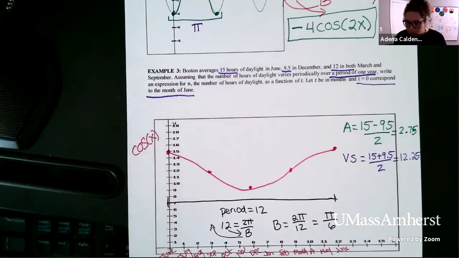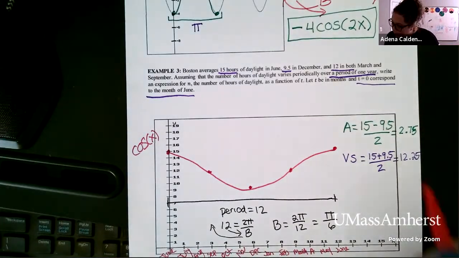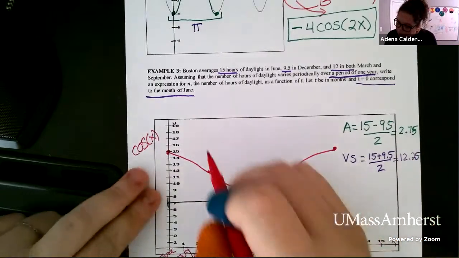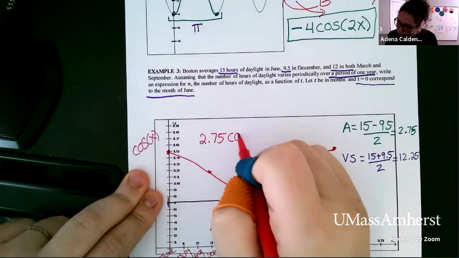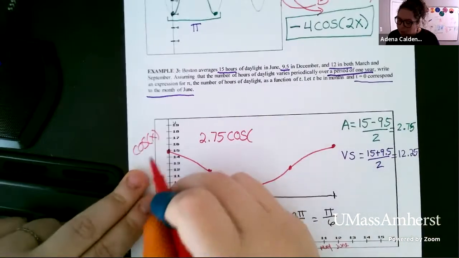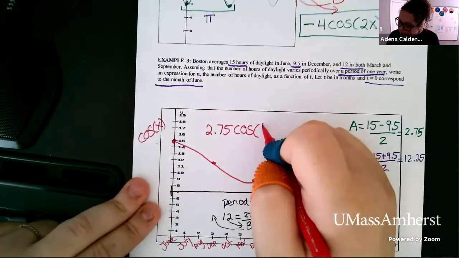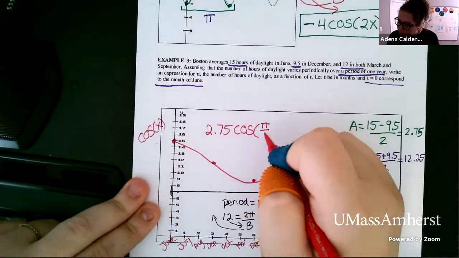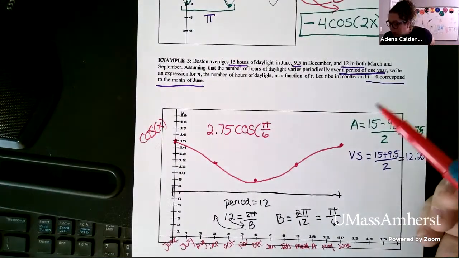So now I have to put all of these things together. And so I start with my amplitude here. So I have 2.75 cosine, right? I know it was positive cosine because it was the max. Now I need my b, which is pi over 6. Now, one of the interesting things here is the variable.